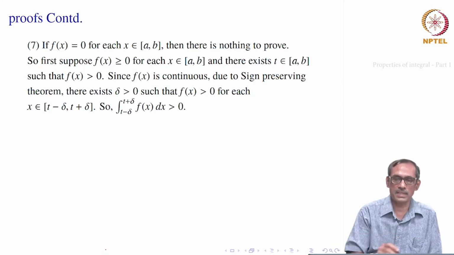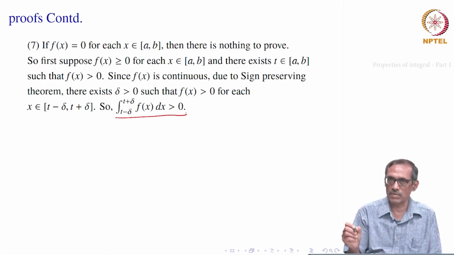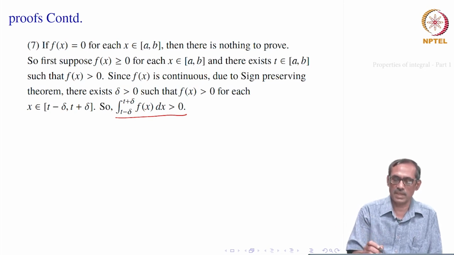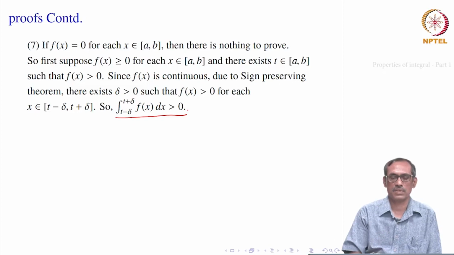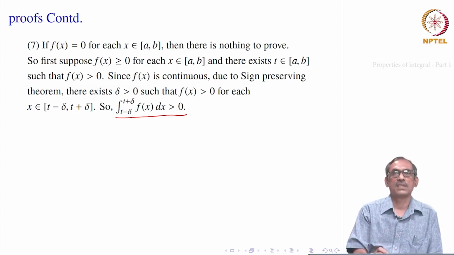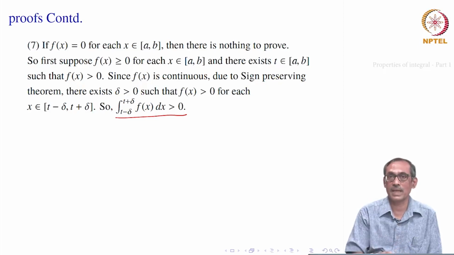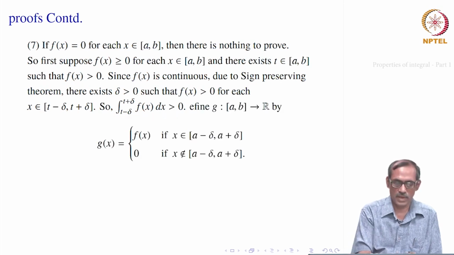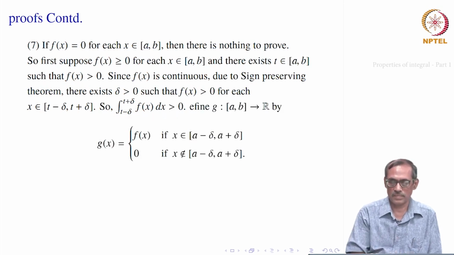Then at some point it is bigger than 0, so we get the integral over that smaller neighborhood where it is always bigger than 0. Since f of x is bigger than 0 there, its integral is also greater than 0. So, that contradicts the assumption that the integral is equal to 0, because nowhere it can be negative, f of x is greater than or equal to 0, that is given. Okay. So, that is the contradiction.